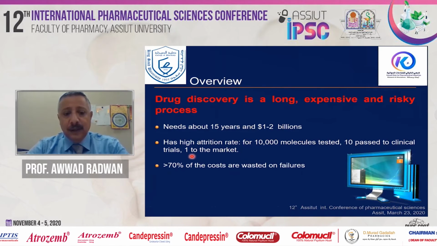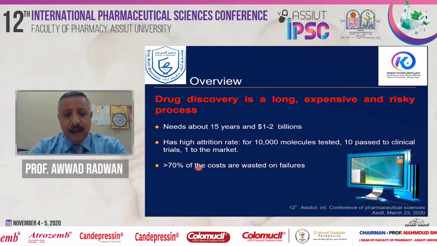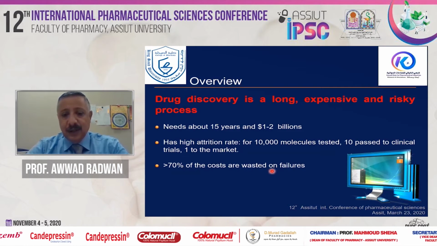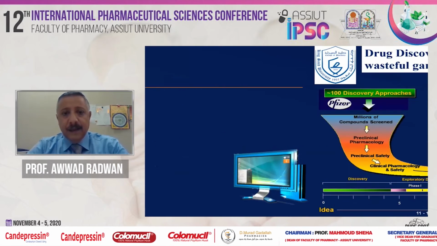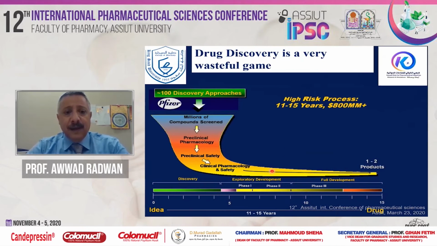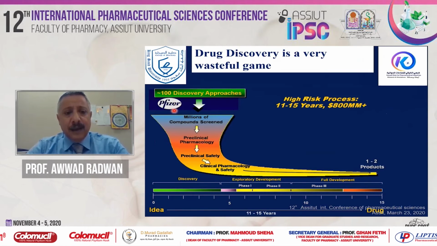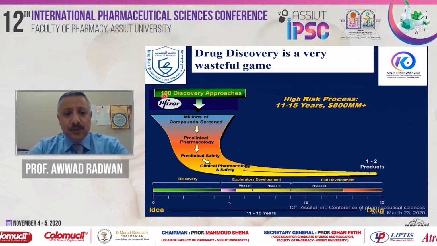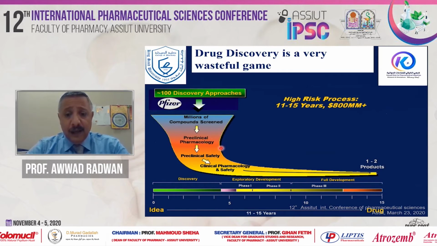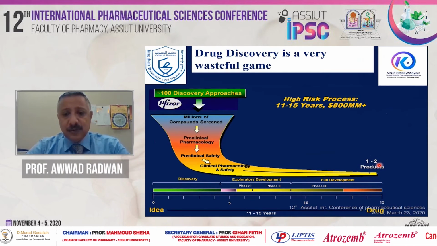Only one compound passes to the market as a drug. 70% of the costs are wasted on failure. The drug discovery process is a very wasteful game. Based on the Pfizer pharmaceutical company, about 100 discovery approaches tested millions of compounds. Only one to two compounds passed to the market.